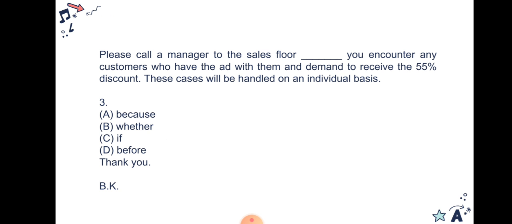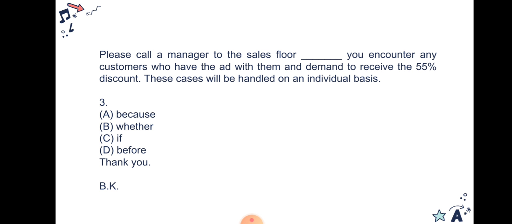Number 3. Please call a manager to the sales floor. You blah blah blah, you encounter any customer blah blah blah. Explanation: choice A is an incorrect conjunction that is used in a result clause. I call the manager because the customer was angry. The sale has not happened yet.